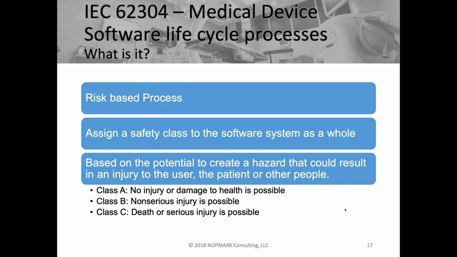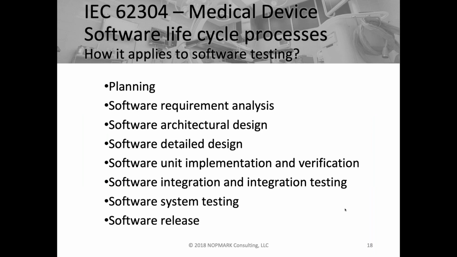And this standard uses 3 categorizations, 3 classes for risk, A, B, C, where A goes from this software can cause no injury or damage, all the way to the most severe, class C, where death or injury is possible due to the software. So based on these classifications A, B, and C, this standard then drives certain activities that have to be performed.